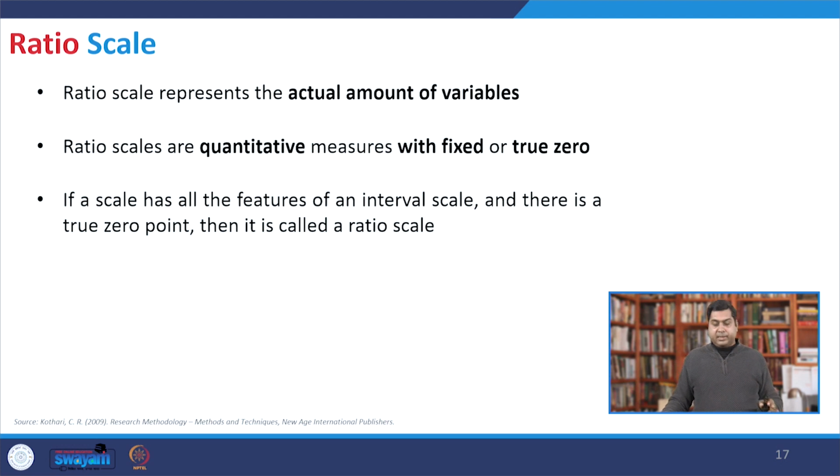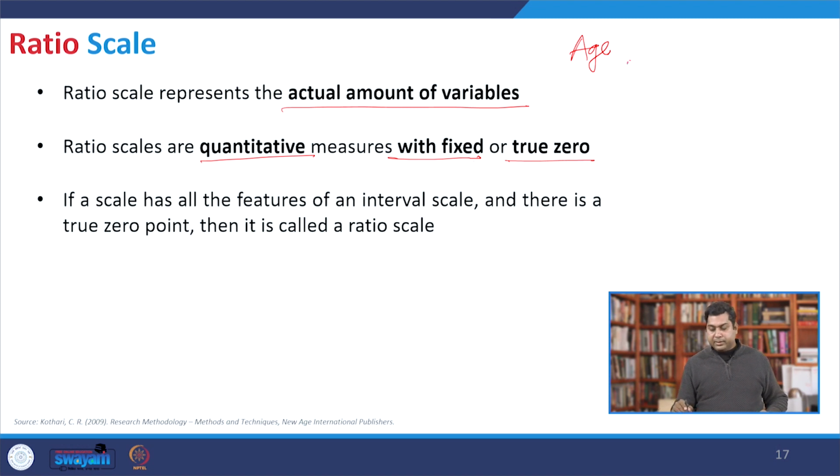Now, the ratio scale, it looks similar, but this represents the actual amount of variables. Ratio scales are definitely quantitative with fixed value and true zero value. Say for example, if I want to ask the age of a person, actual age.